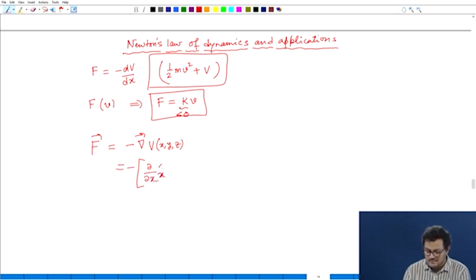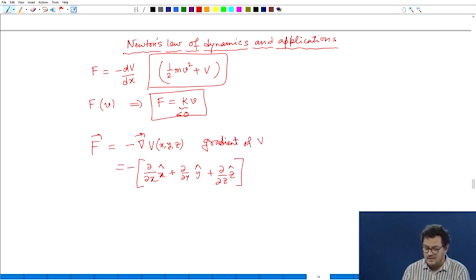I can write it like this: del del x, x cap, plus del del y, y cap, plus del del z, z cap. When I say nabla of V, we also call that the gradient of V, which is nothing but equal to this, and here you can just put your V.